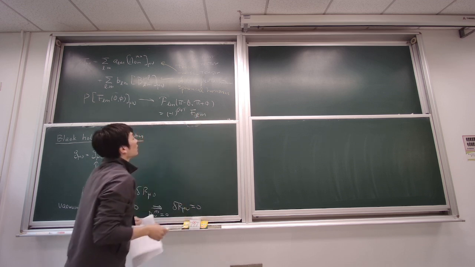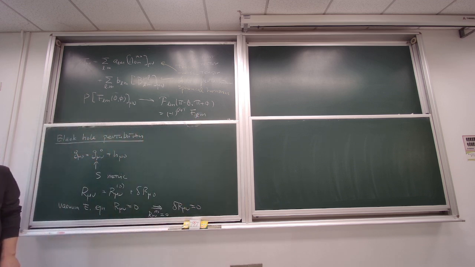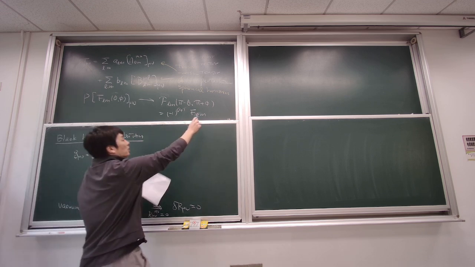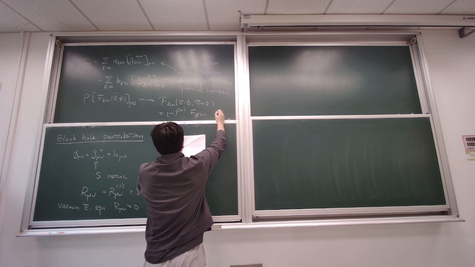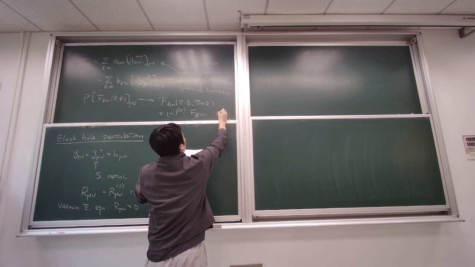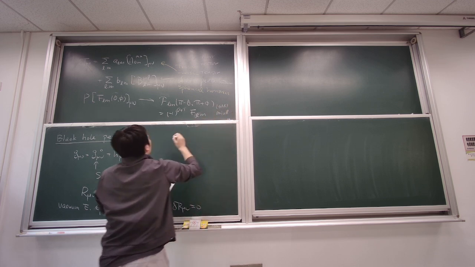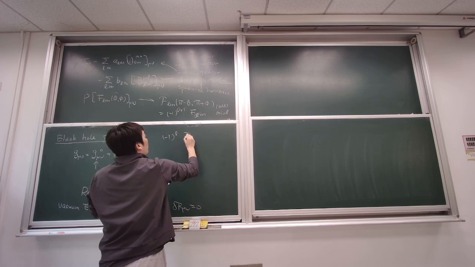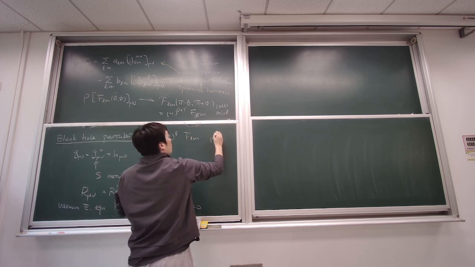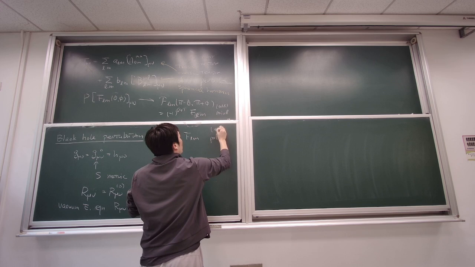If this is the case, this is called axial, or odd. And minus 1 to the L times F LM is polar, or even.